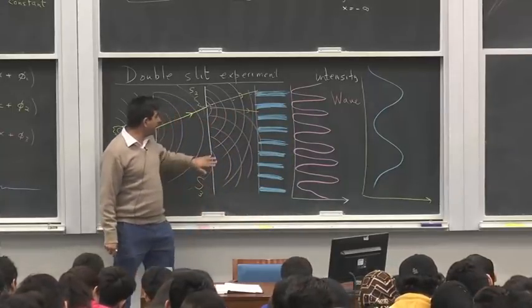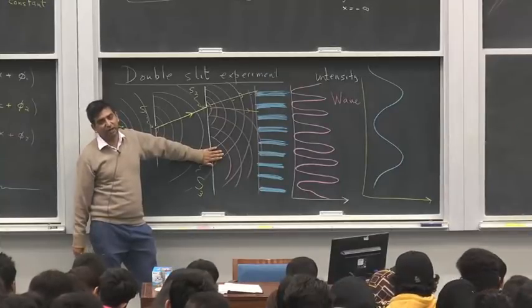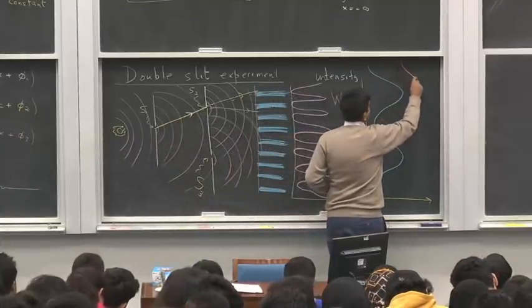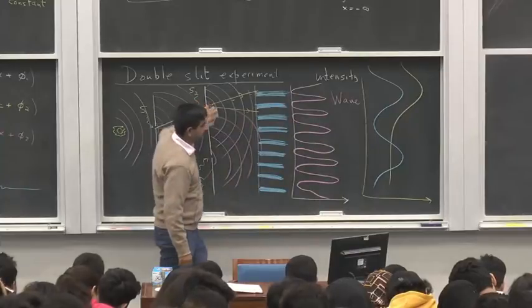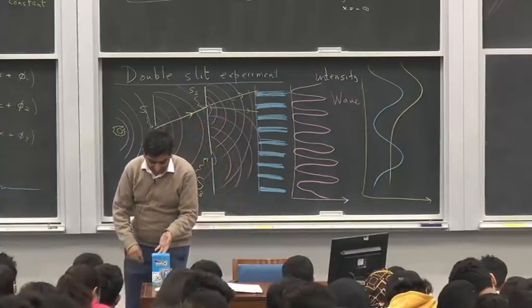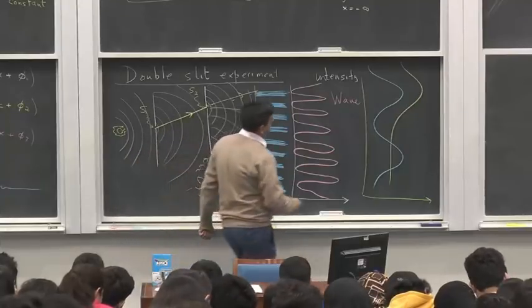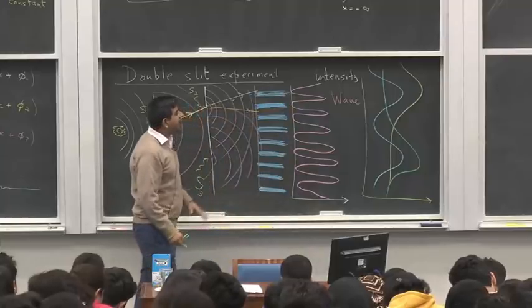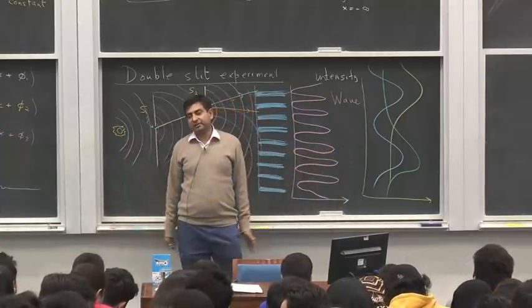If I were to put my hand on one of these slits, or if I were to close this slit, what kind of pattern would I observe with bullets? I will just get one hump. And if I were to close this slit, I would get the hump in the other direction. I would get this hump. And if I were to make both slits open, I would get the blue bimodal distribution.